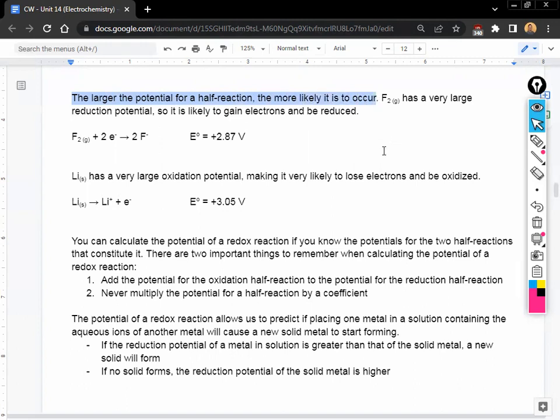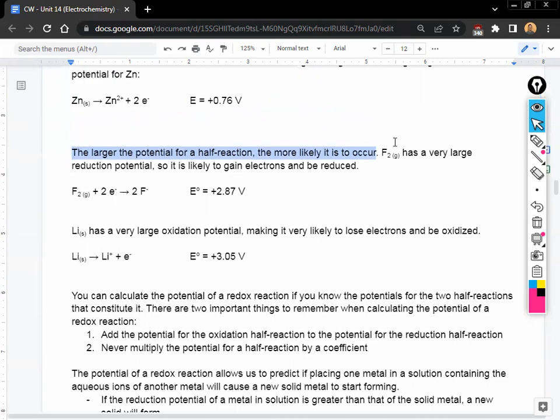So the half reaction that is most likely to occur is the one that has a larger reduction potential. The bigger the number, the more likely it is to happen. F2, just as an example, has a very, very large reduction potential, plus 2.87. So this reaction is more likely to happen.